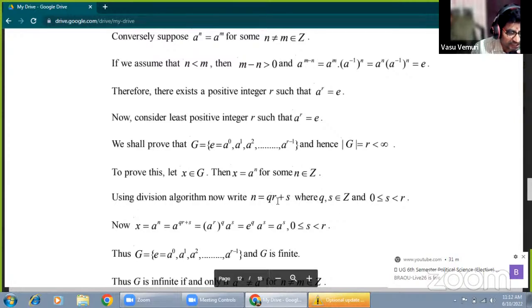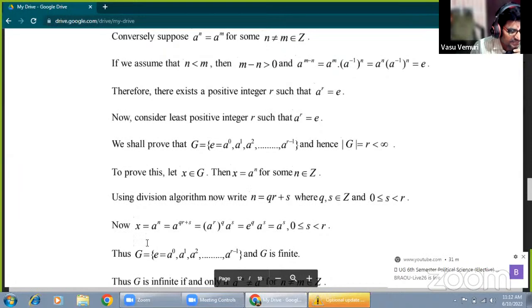The remainder condition is s is greater than or equal to 0, but strictly less than r. This is the division algorithm condition.